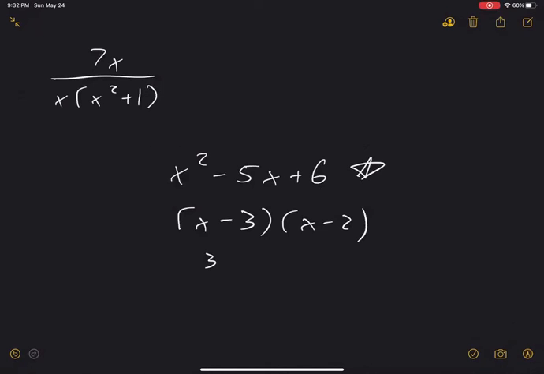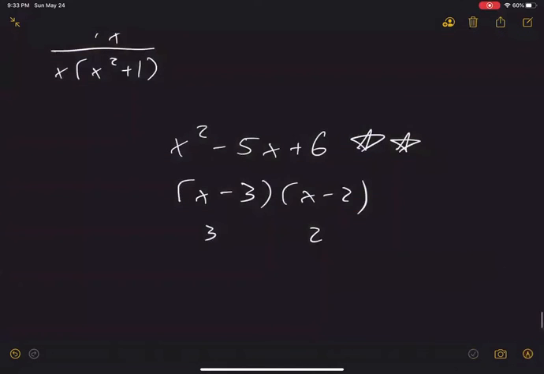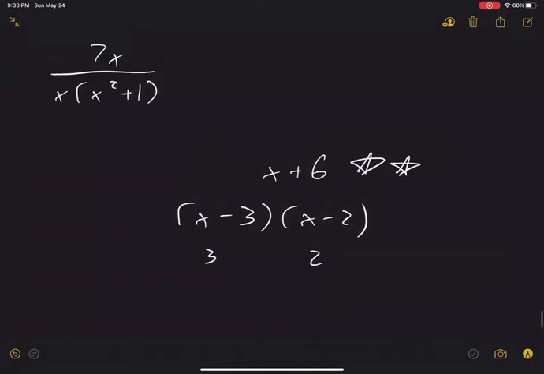And if I plug in x equals 2, this is going to be equal to 0. What about x squared plus 1? This is never equal to 0, right? Because no matter what number I plug into x squared, it's going to be greater than or equal to 0, and then I'm adding 1 to it, so I can never get back down to 0. So I can't factor this anymore. That's another way to look at this irreducible business. Irreducible just means we can't factor it anymore.